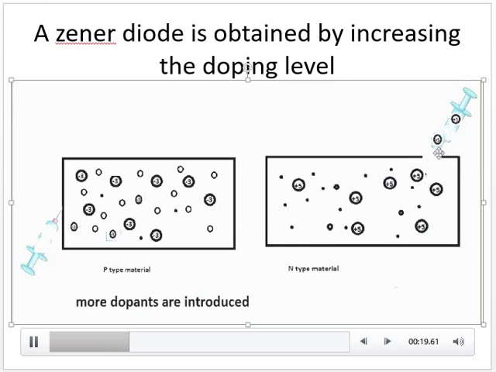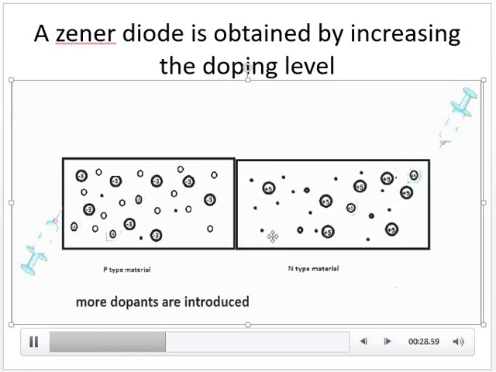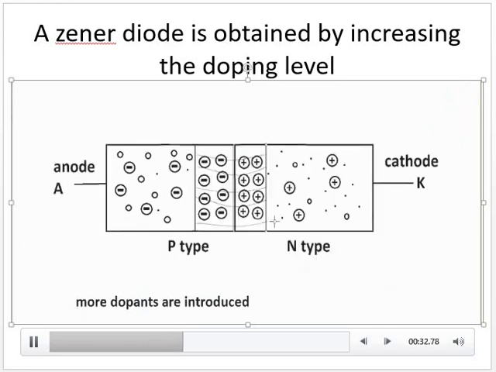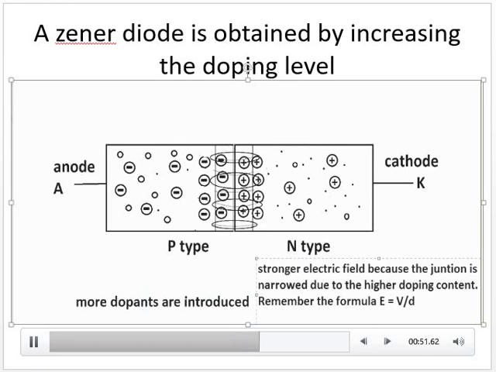We combine and make a diode just like a normal PN junction diode, but because of the high doping concentration, this depletion width, this junction area, is thin here. It is reduced because of the increased dopants. And as it is thin, it is developing a strong electric field across it.